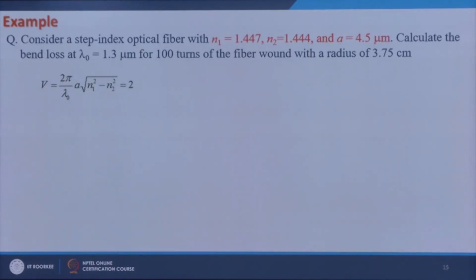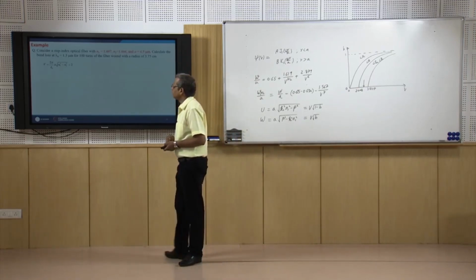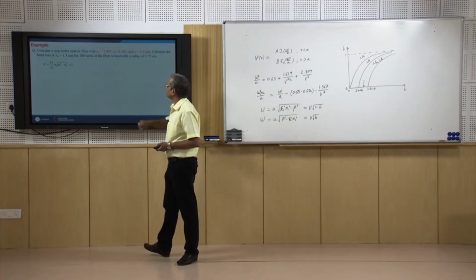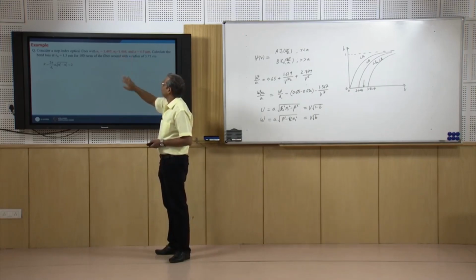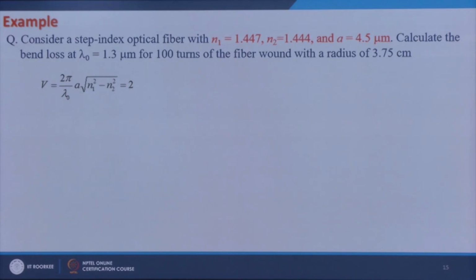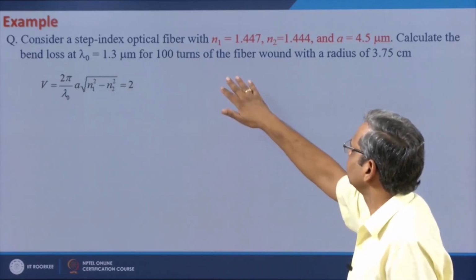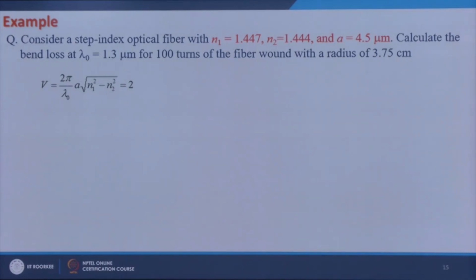Let us work out a numerical example. For this, consider a step index optical fiber with parameters N1 equal to 1.447, N2 equal to 1.444 and A equal to 4.5 micrometer, and calculate the bend loss at 1.3 micrometer for 100 turns of the fiber wound with a radius of 3.7 centimeter.